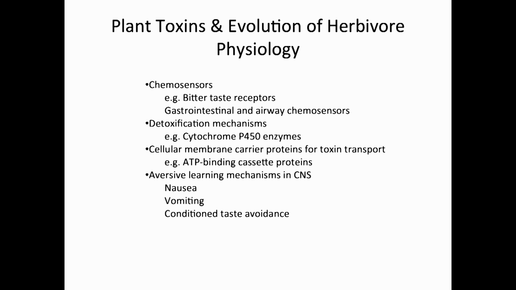And then we have aversive learning mechanisms in the central nervous system: nausea, vomiting, conditioned taste avoidance. All of these play a role in detecting and helping people avoid exposure to plant toxins. I should also say that many of those defensive proteins are expressed in the brain itself, perhaps underscoring the importance of protecting the brain from neurotoxins.